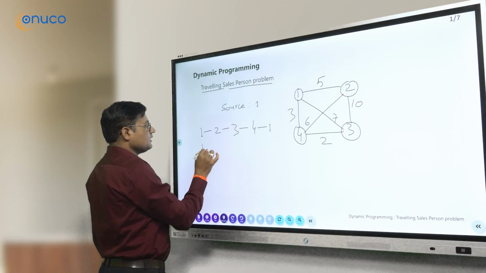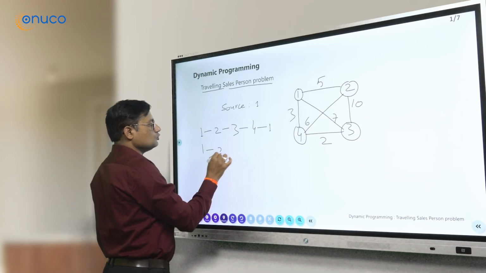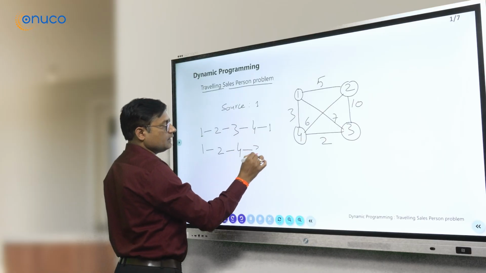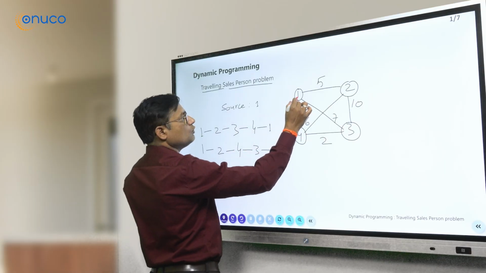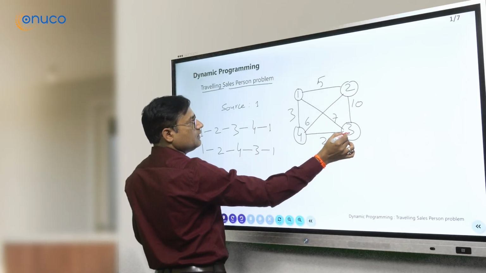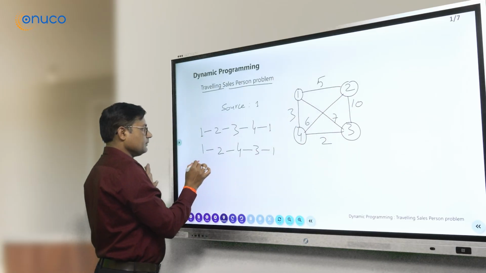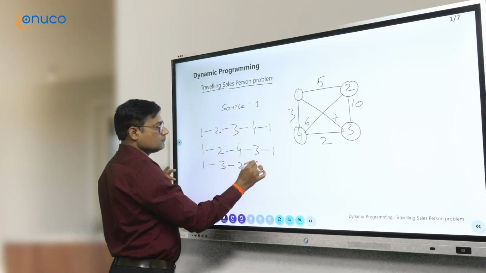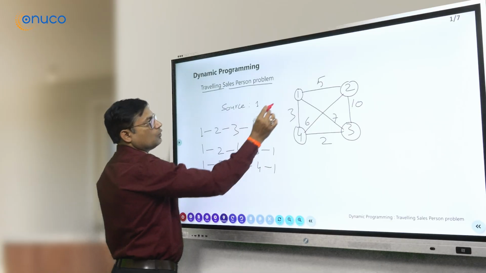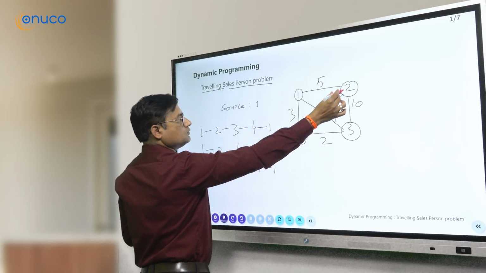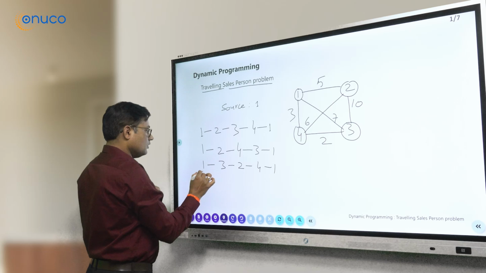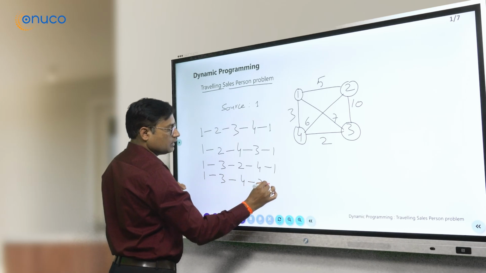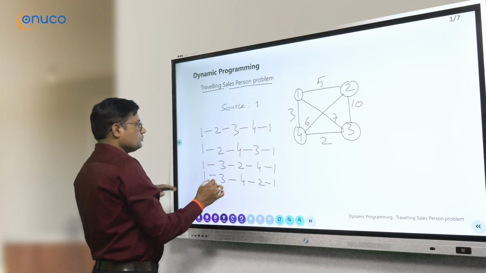Or we can go like this: 1 to 2, 2 to 4, 4 to 3 and 3 to 1. That is also possible. Now we can do 1 to 3, 3 to 2, 2 to 4 and 4 to 1. Or we can write it like 1 to 3, 3 to 4, 4 to 2 and 2 to 1. So this is the fourth combination.